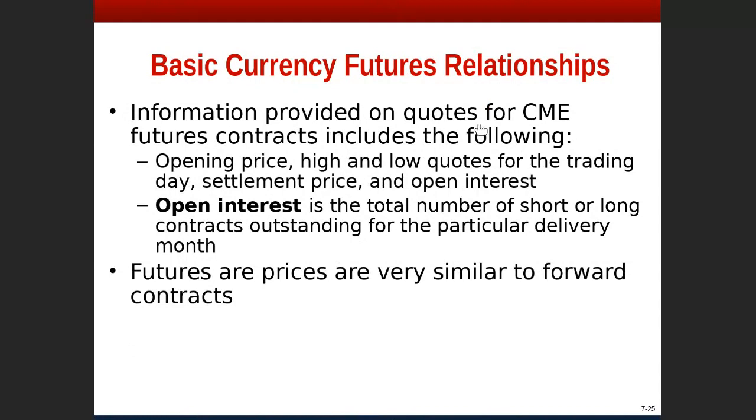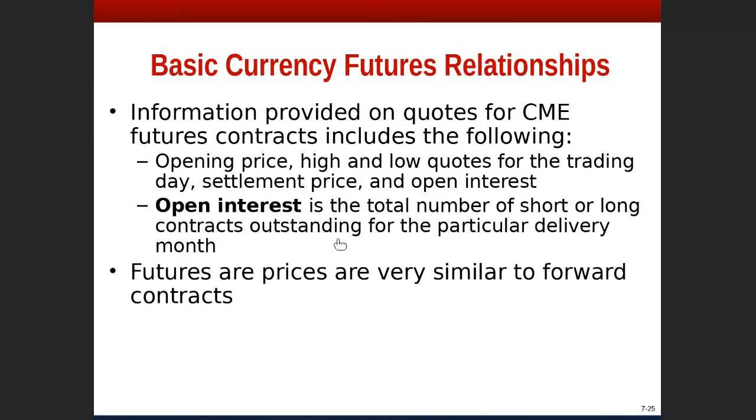Quotes for the Chicago Mercantile Exchange futures contracts include the opening price, the highest price of the day, the lowest, and the settlement price, which is determined by a committee. It also gives you open interest, the total number of short or long contracts outstanding for the particular delivery month.